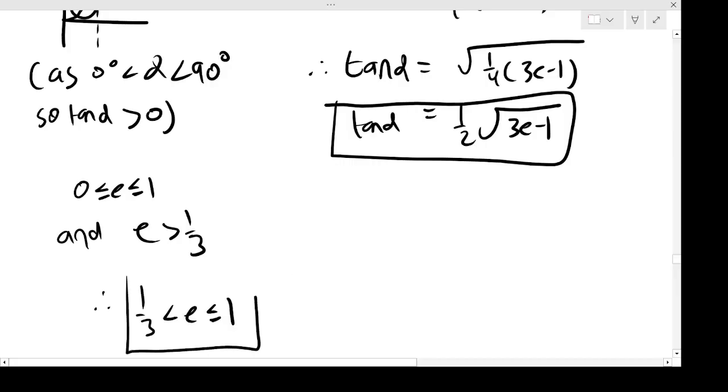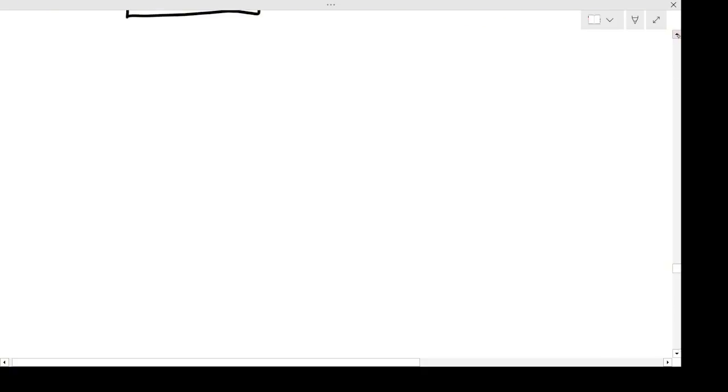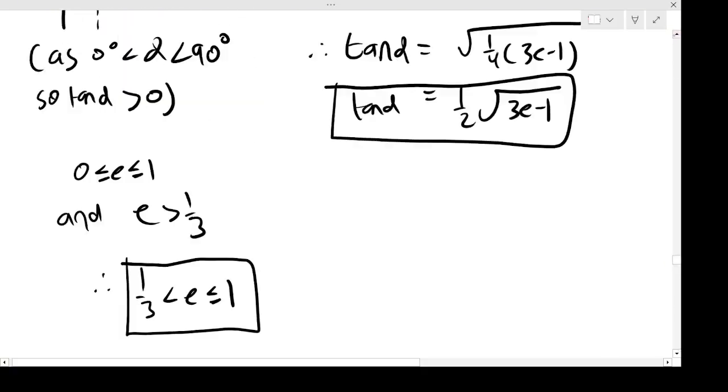So we actually have this full inequality for e here. Okay, hopefully happy with that. So now I can effectively use this inequality for e to find the inequalities for tan alpha, right? Now, there's many ways you can do this. I think probably the safest way is to start with this inequality for e, then work our way up to get this whole expression here, okay?